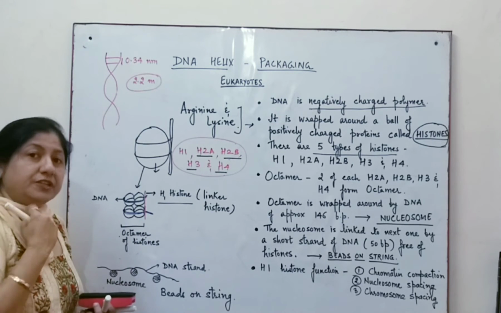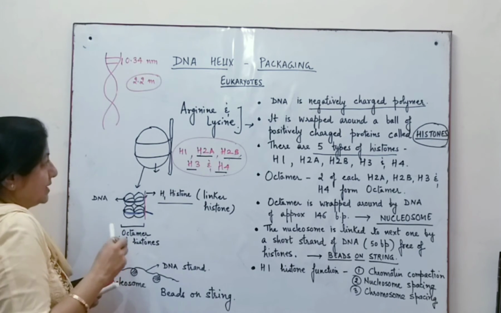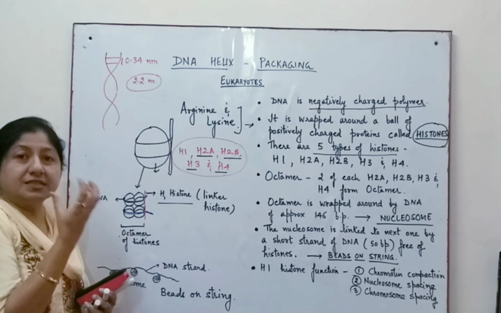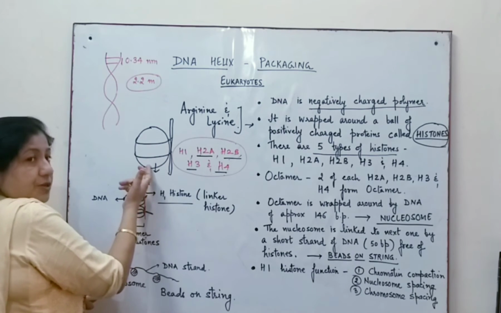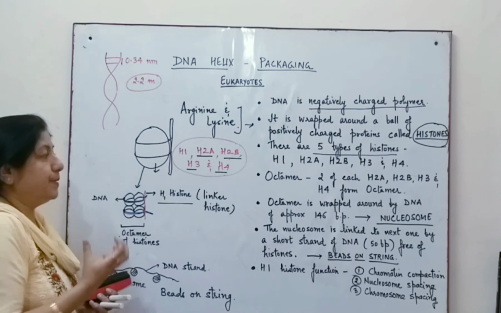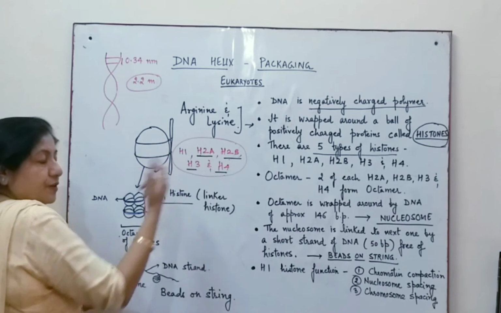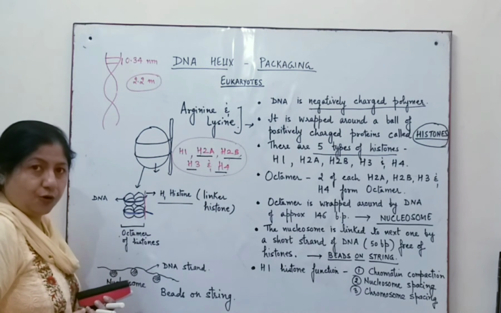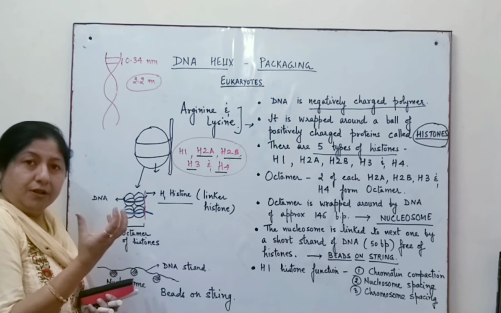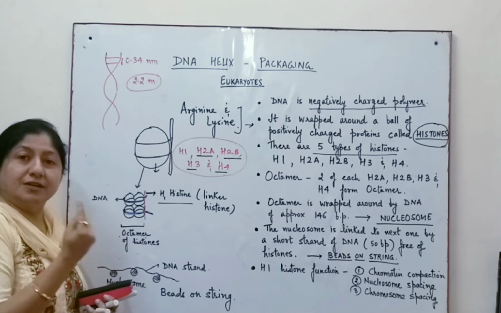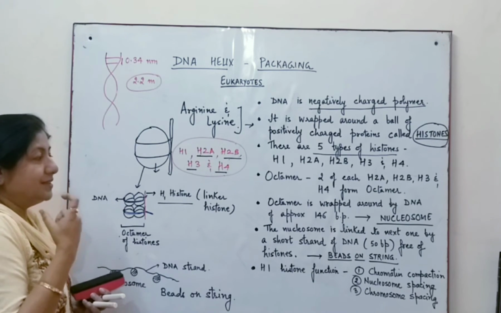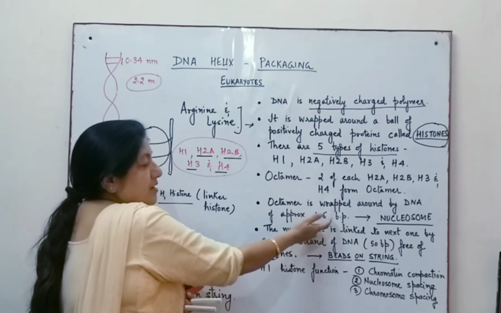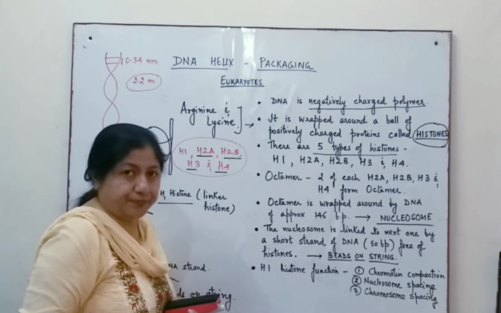The structure is somewhat like a ball, and this ball is the octamer, formed by 4 different types of histones, H2A, H2B, H3 and H4. Around the ball is wrapped the DNA thread, which consists of approximately 146 base pairs.